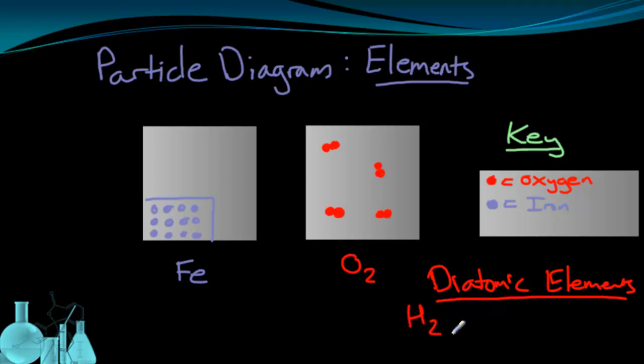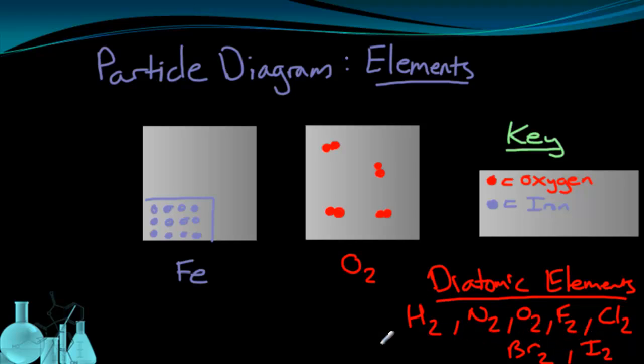H2 is its normal form. Nitrogen, we already said oxygen. Fluorine, F2. Chlorine, Cl2. Bromine, Br2. And iodine. These elements all naturally come in pairs. They're diatomic elements.